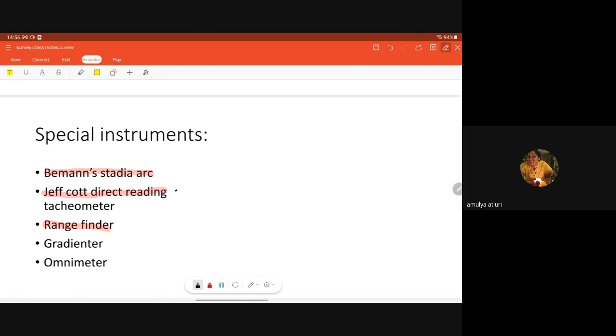As I told you, it has a special diaphragm with a fixed pointer. The fixed pointer is of red color. You need to remember it. And mobile pointers are blue and black.